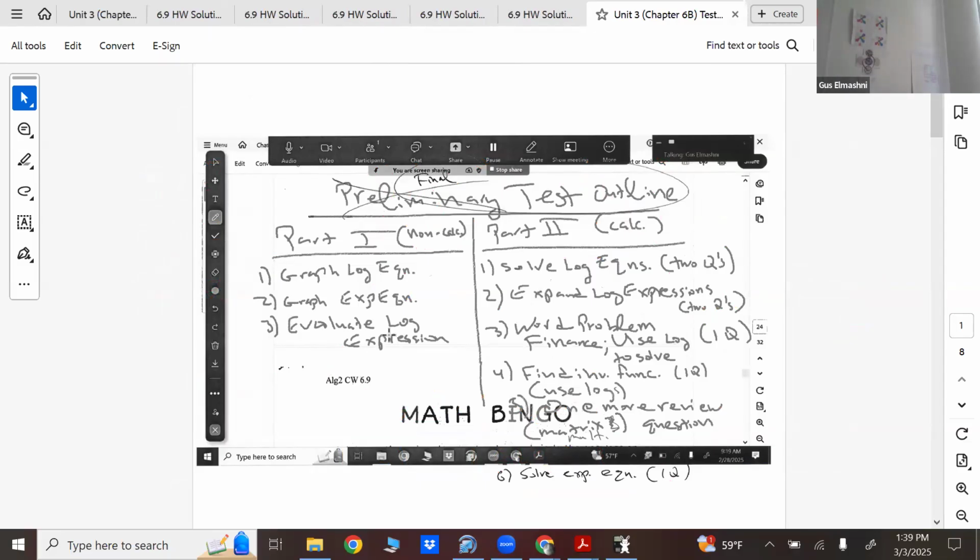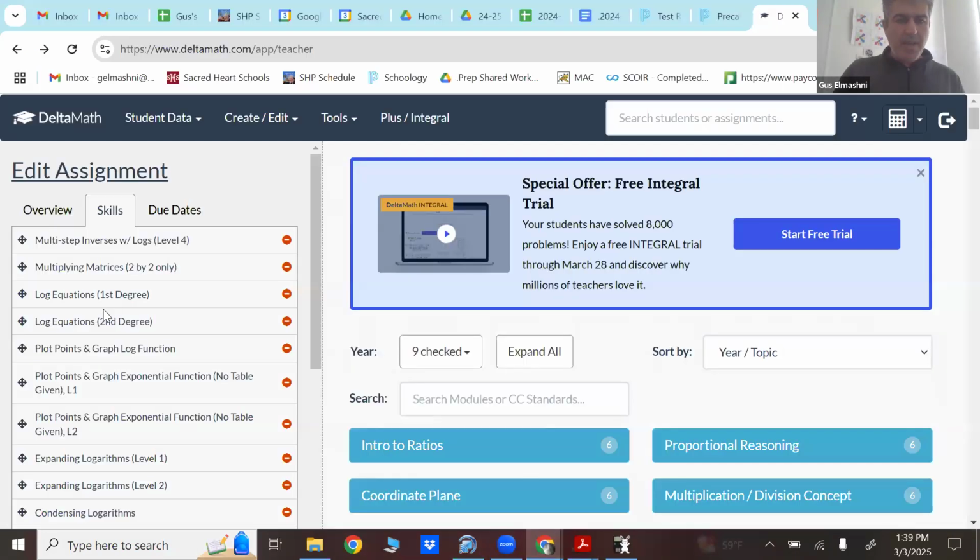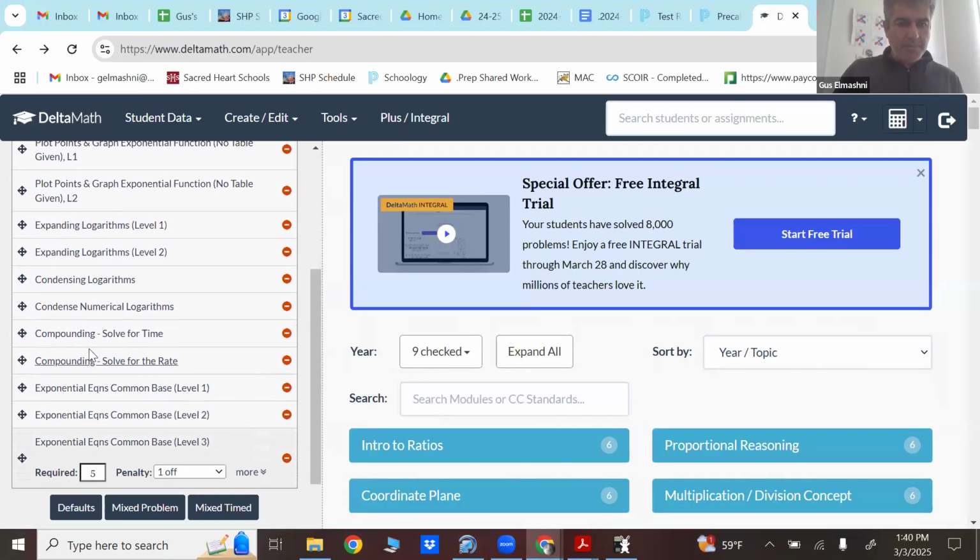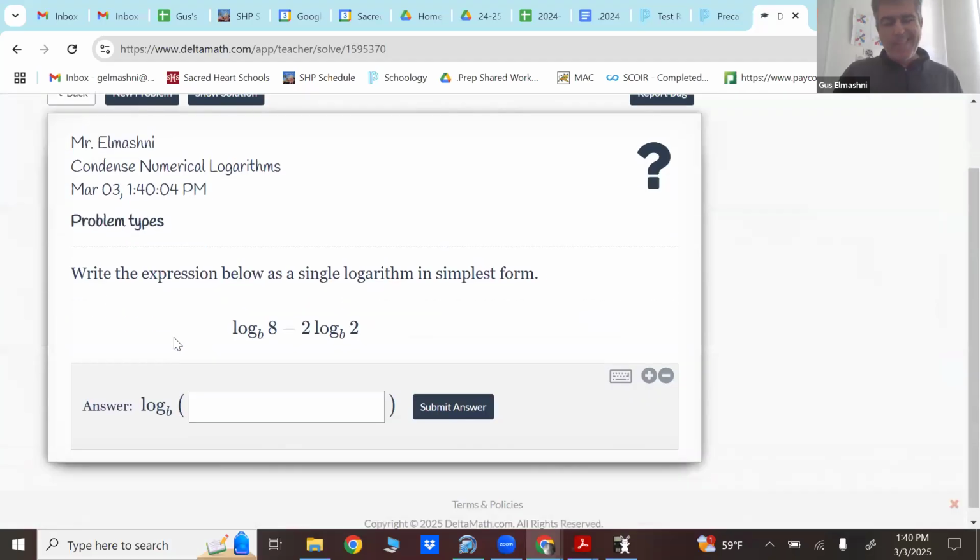You have graph log equations, graph exponential equations, evaluate log expressions. I do have some practice problems in Delta Math on this, and I'll show you where it is. If you click on condensing numerical logarithms, it's kind of like that a little bit. For example, how would I do this one here?